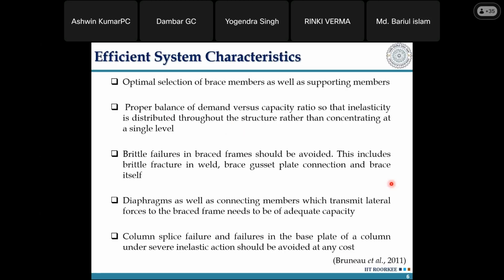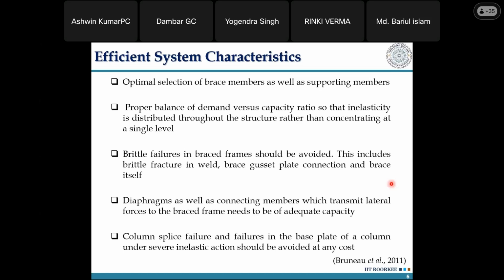So efficient system characteristics for an SCBF system include optimal selection of brace members and proper demand to capacity ratio. Balance has to be maintained between different braces, so that your braced frame structural system may be 4 stories high, and you may be giving braces along one particular bay along the whole height of the system. So you have to ensure that when the earthquake comes in, your damage doesn't concentrate at one particular floor.